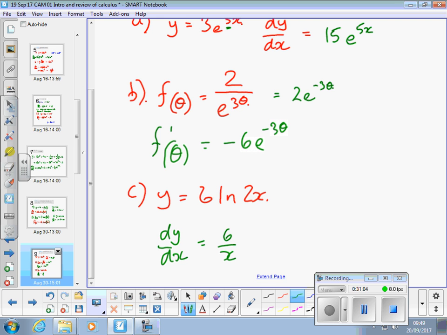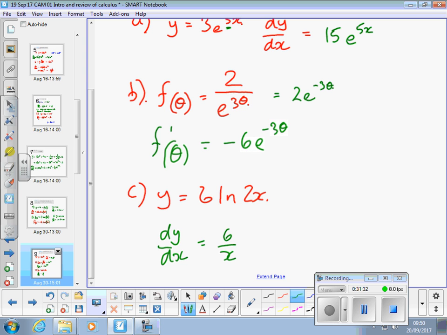It's like you're thinking of separating this function into the constant 6 and the function ln ax and doing them separately. Yep. Multiply by and so on. Okay. So they are the basic functions that we're going to use throughout this module.